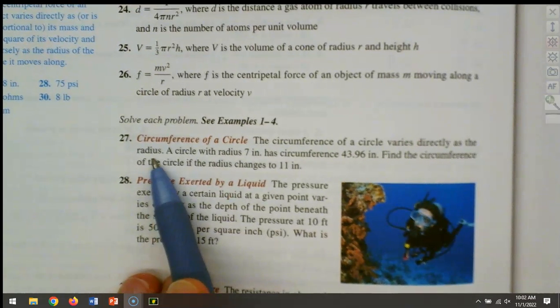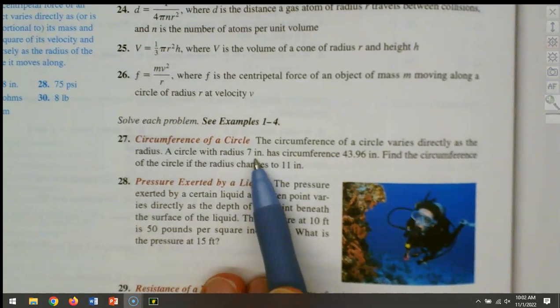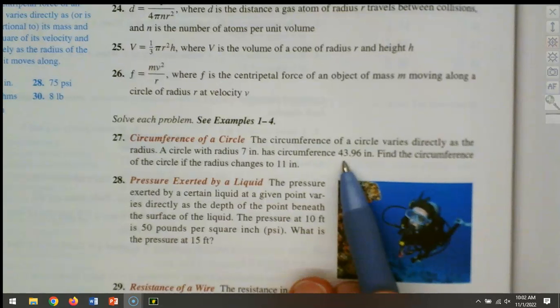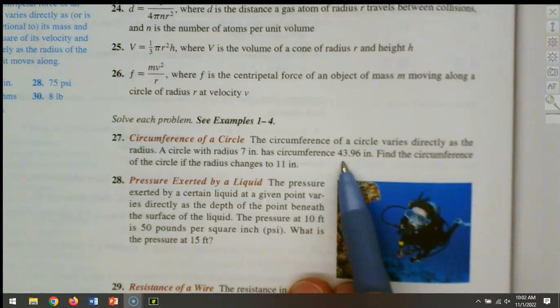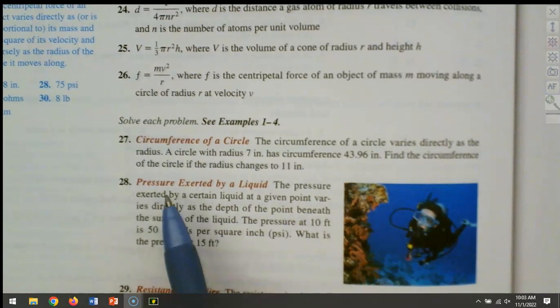So as the radius increases, the circumference is also going to increase. A circle with a radius of 7 inches has a circumference of 43.96 inches. Find the circumference of the circle if its new radius is 11 inches.